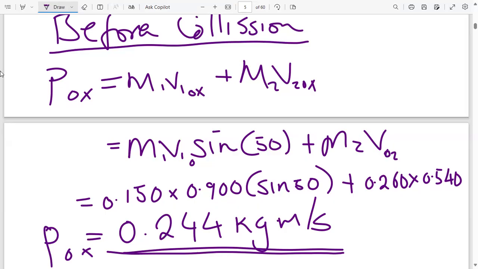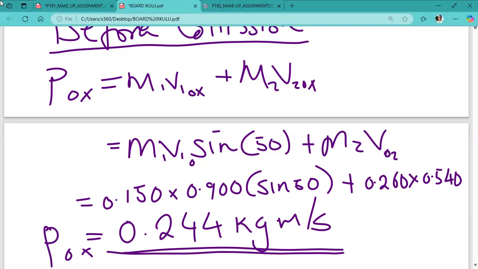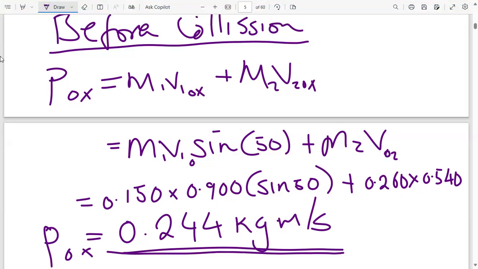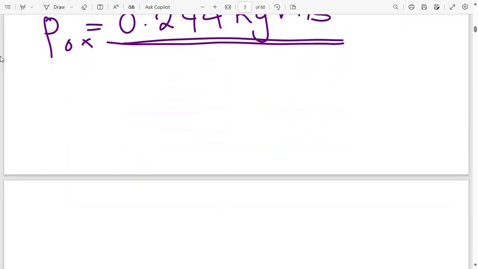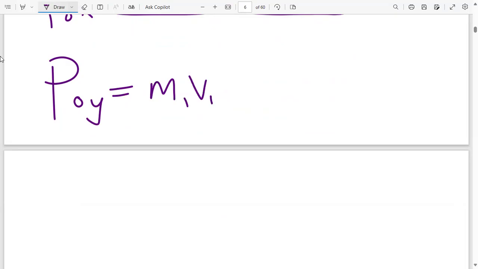Now let's go to our initial momentum in the y-axis using the same approach. But remember, we are only changing the initial velocity in the x-axis and the y-axis for ball number 1. So P initial in the y will be equal to mass of 1 times V initial of 1 in the y-axis plus mass of 2 multiplied by the V initial of 2 in the y-axis.